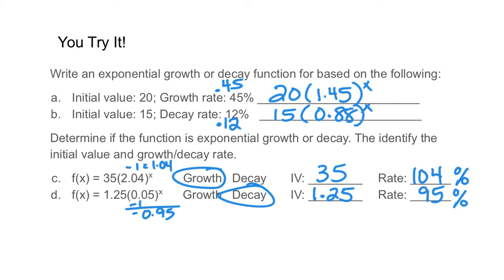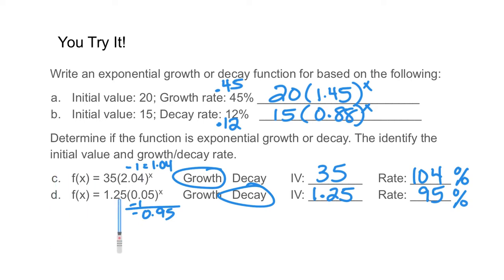All right, so that should have been long enough for you to look at those 4 little questions there. So in the first 2, you should have started both functions with your initial value here and here. And then here, you would have added that to 1 or subtracted from 1, depending on whether it was growth or decay, to get your numbers here, and then you got a value of x.